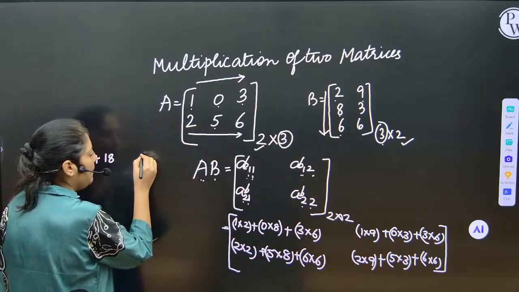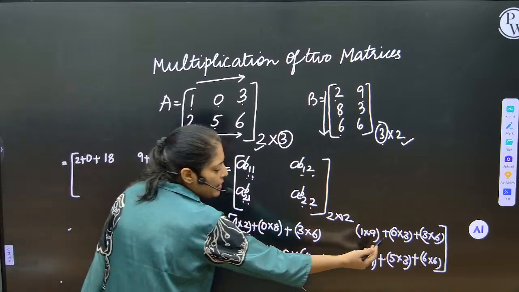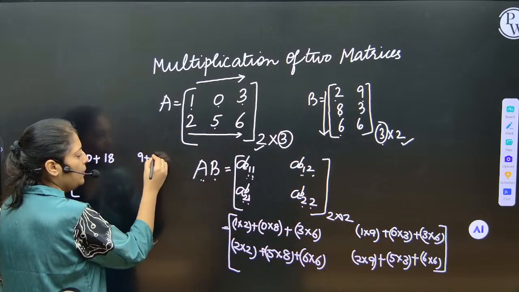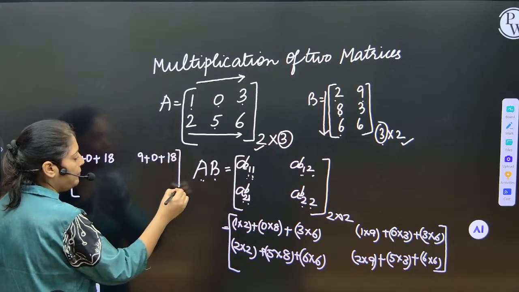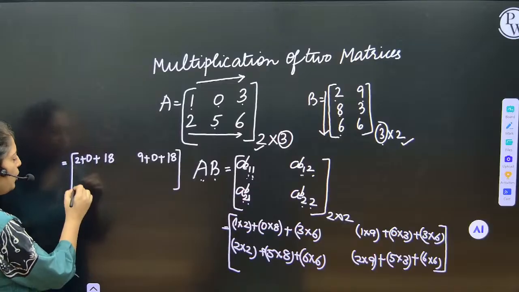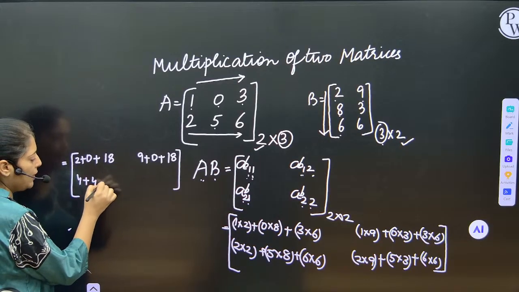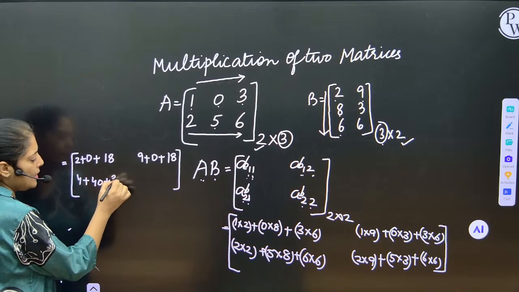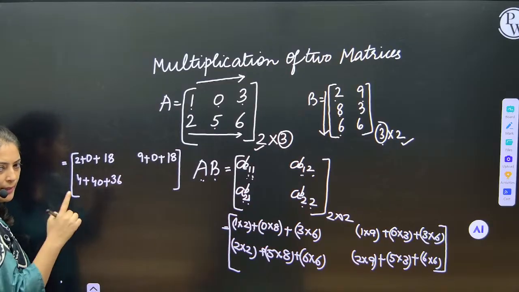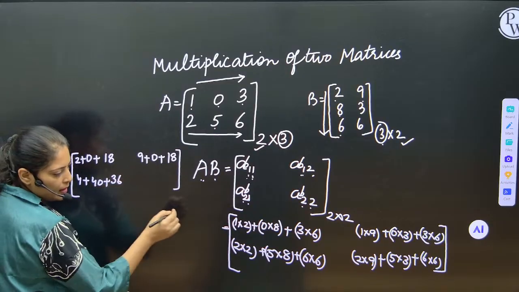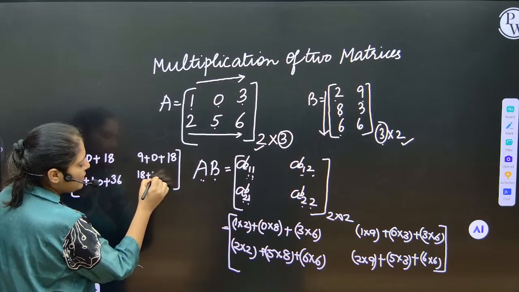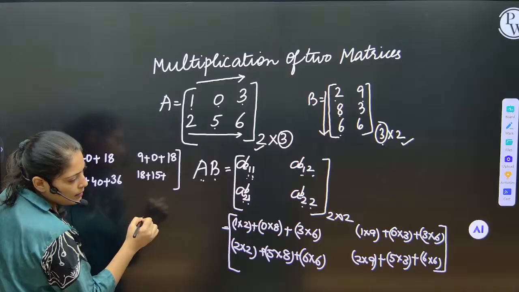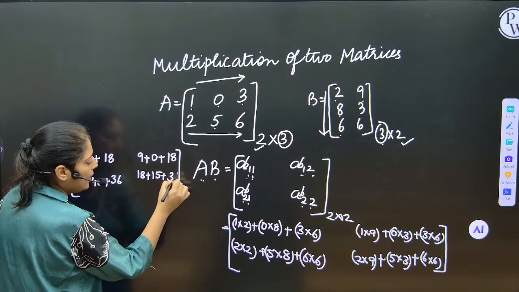9 ones are 9, 0 into 3 is 0. 6 3s are 18. 2 2s are 4. 5 8s are 40. 6 6s are 36. So correspondingly I am writing 9 2s are 18. 5 3s are 15. 6 6s are 36.